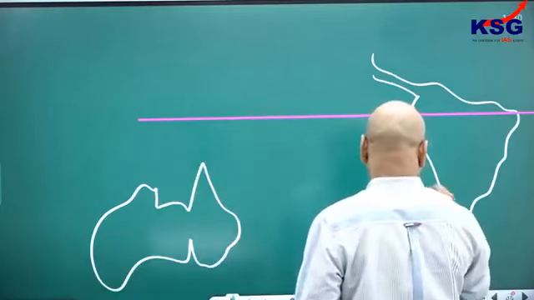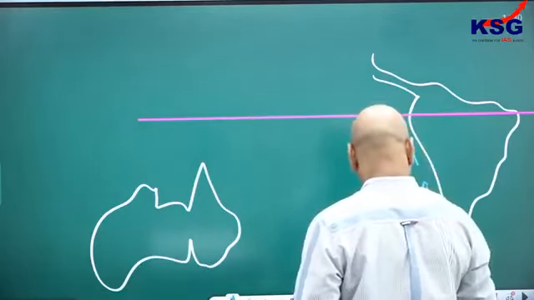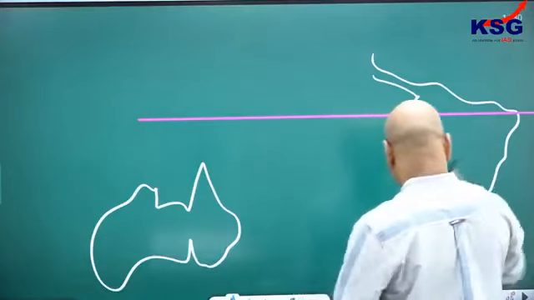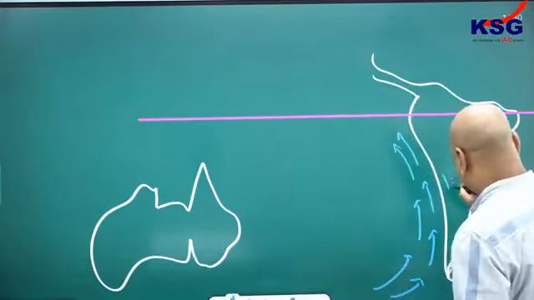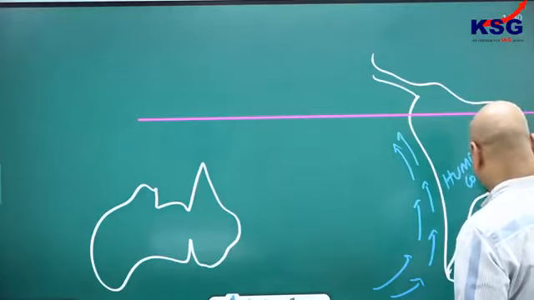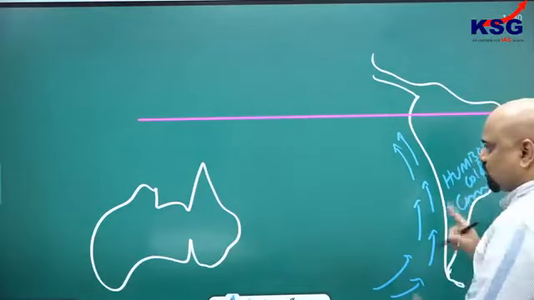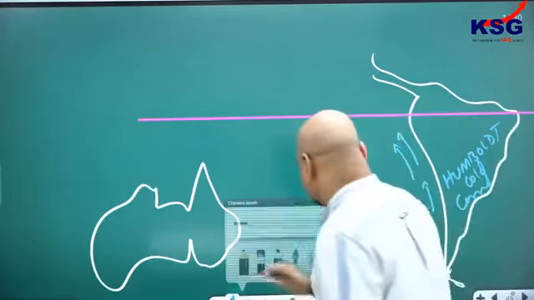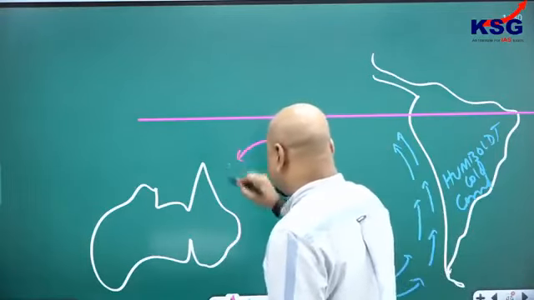Here you have, what is this? Humboldt current. Humboldt cold current is here, a cold current having high pressure, and this side you know that this is a warm current.